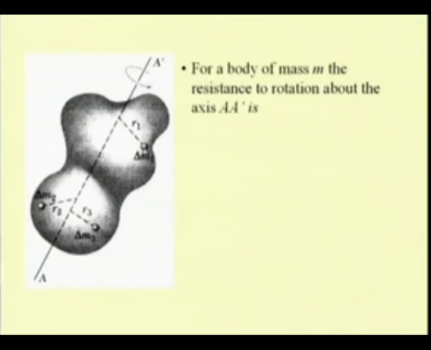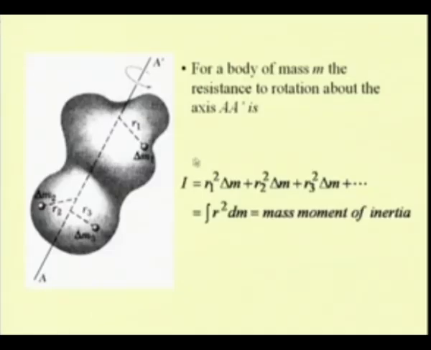And let us say this mass delta m1 is situated at a distance of r1 from this axis A prime. Similarly, for other particles like delta m2 and m3, we know their distances, that is say r2 and r3, which are the distances from this axis A prime. So, when we know these quantities, then we can compute the second moment as the summation of the second moments of these particles.